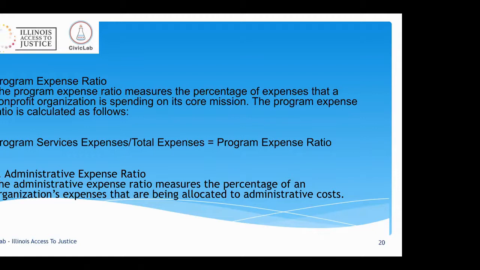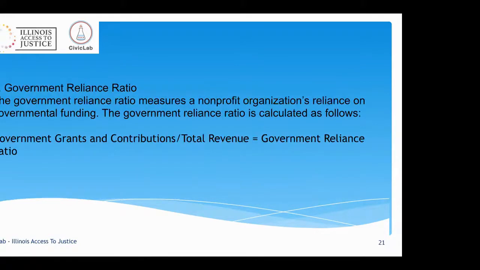A lot of times the guidelines you're writing to will be explicit about what those limits are. But as a rule of thumb, program expense is where most of the revenue and most of the expenditures should be concentrated. That's simply the program services over the entire expense budget, which gives you that ratio.